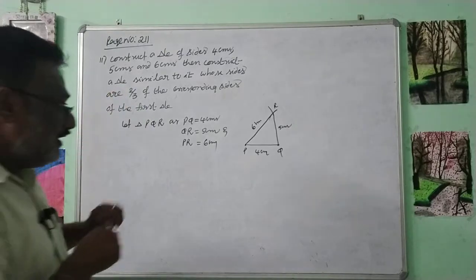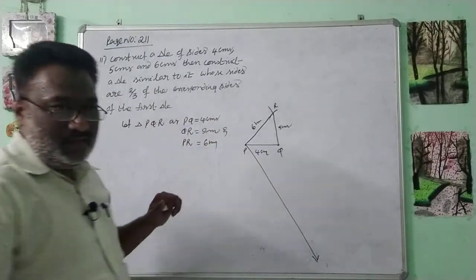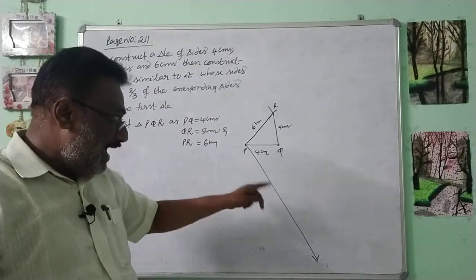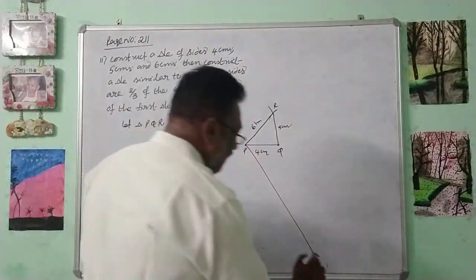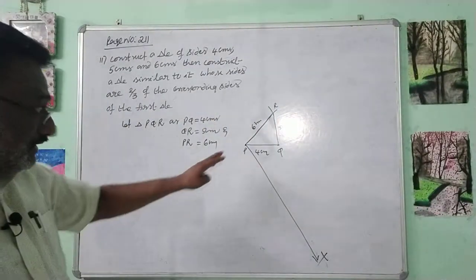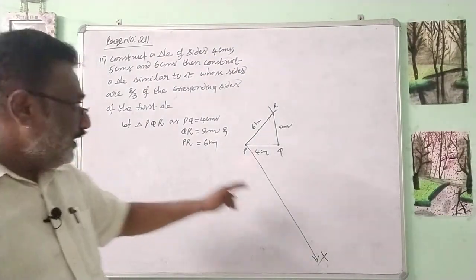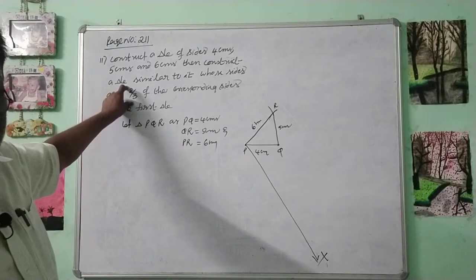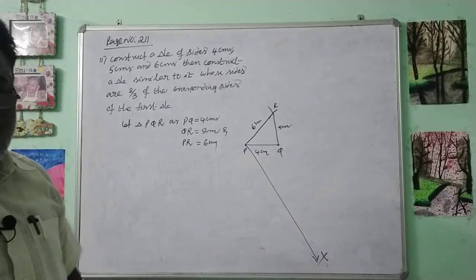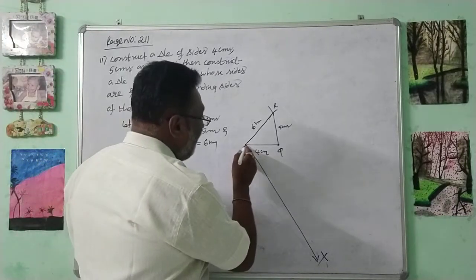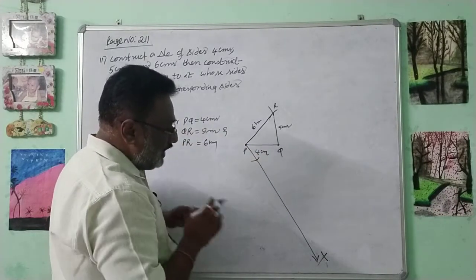3. Okay. At P we need to draw an acute angle. We need to draw one ray at P, and this should be maintained as an acute angle. That ray I am taking as Px. This ray you need to divide into some equal parts. How many equal parts you need to take? It is the greatest number in the given fraction, 3. 3 parts you need to make. That means 3 equal parts on this ray. By taking P as center with a convenient radius, I am drawing one arc to cut the ray Px at a point.